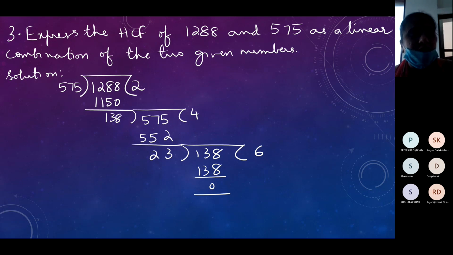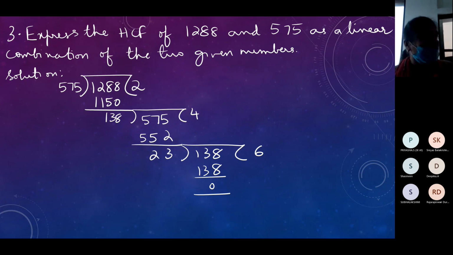The first remainder we got was 138, and then we got 23 as a remainder, and then in the third step we got 0. Which is the last non-zero remainder? 23. That is the HCF of the two numbers.